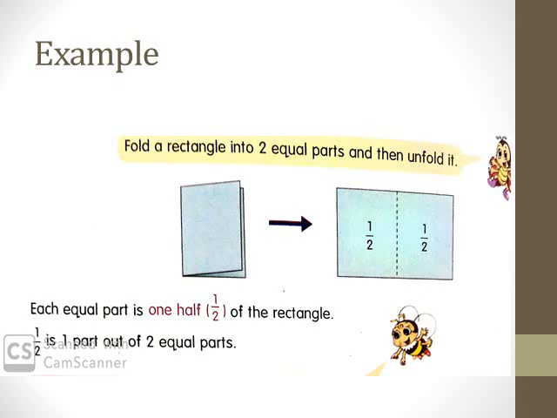So there are two equal parts and every part is 1 over 2. So you can say 1 over 2 is one part out of two equal parts. Okay, 1 over 2 is one part out of two equal parts, and for both equal parts you can say this.